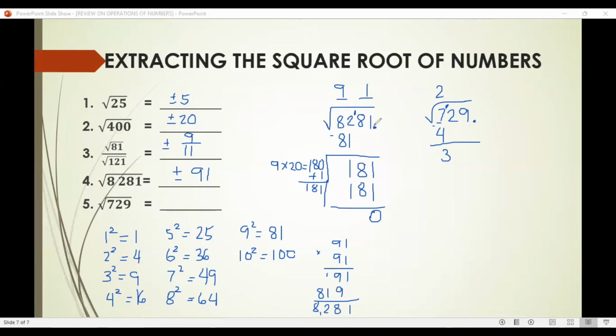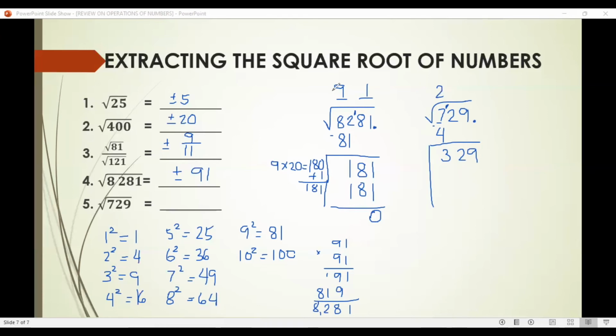And then again, when you bring down, you have to bring down them both. So 29. We now have the number 329. Now we have to get the partial divisor. You have to divide it by what number? We do not know yet the number that we are going to divide by.